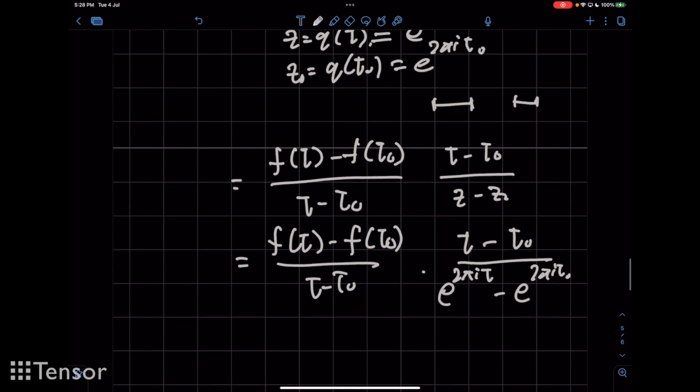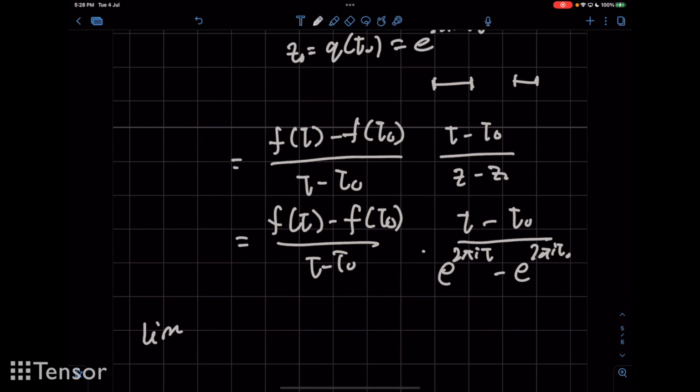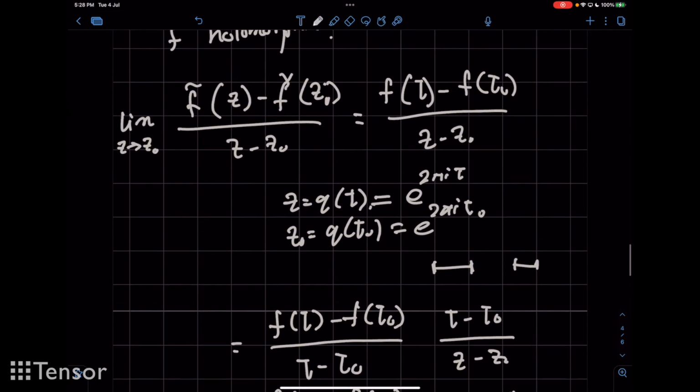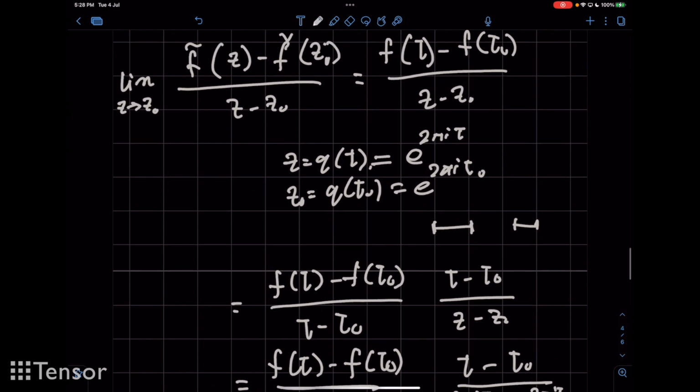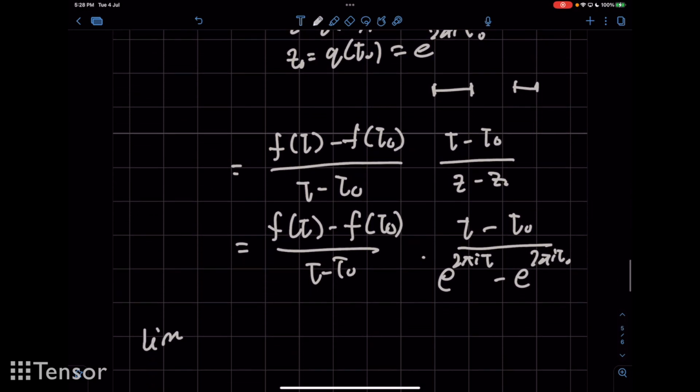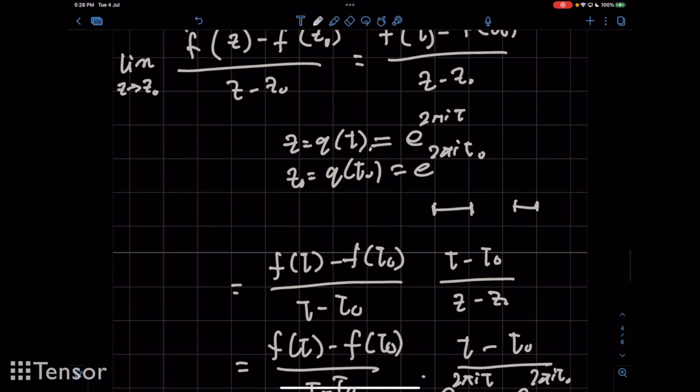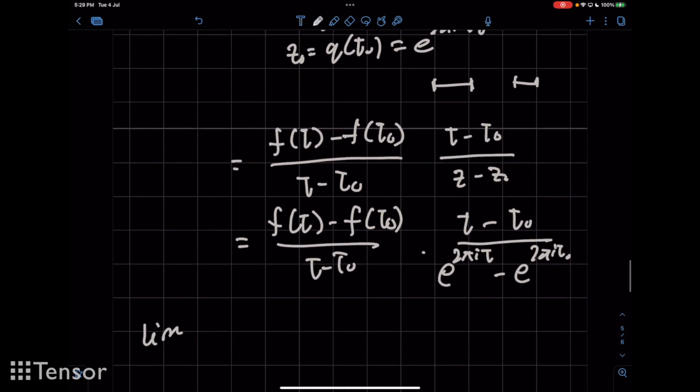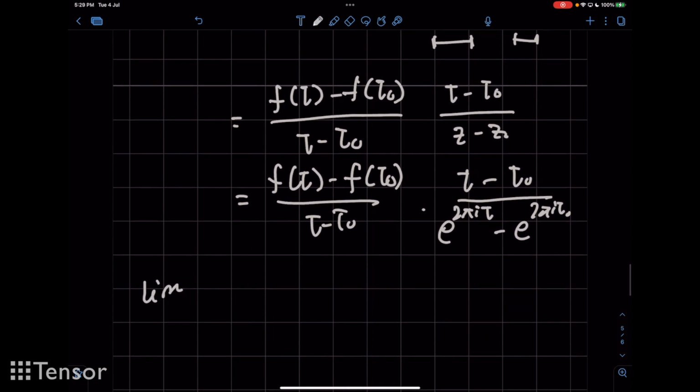Then we are taking the limit as z goes to z naught, and we've said that as z goes to z naught, tau goes to tau naught as well. So if we take the limit, we get f prime of tau naught.